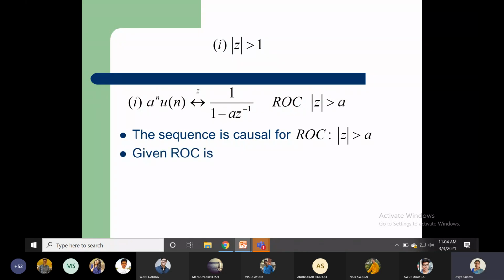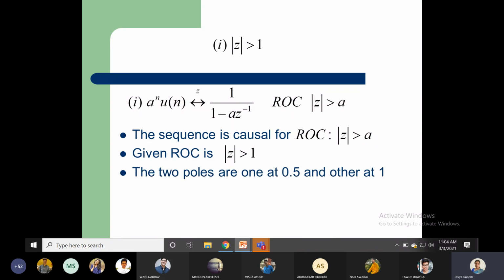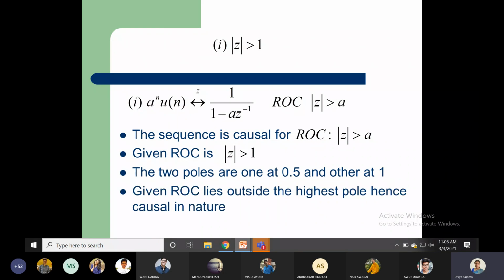So in this case, the sequence is causal for ROC greater than a. Let us take our equation in which the given ROC is Z greater than 1. This is the condition given. So the sequence has to be a right-sided sequence, with two poles, one at 0.5 and the other at 1. So the ROC lies outside the highest pole. Hence the given sequence is causal in nature. So how to obtain the signal?